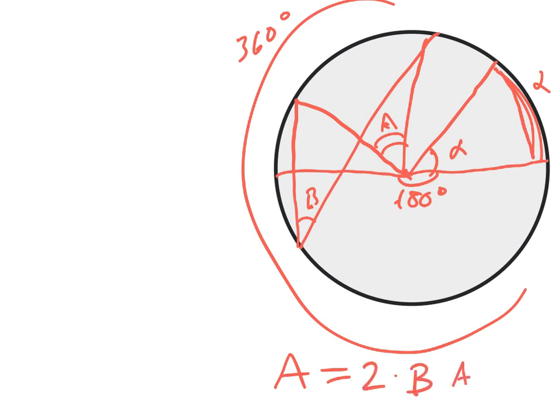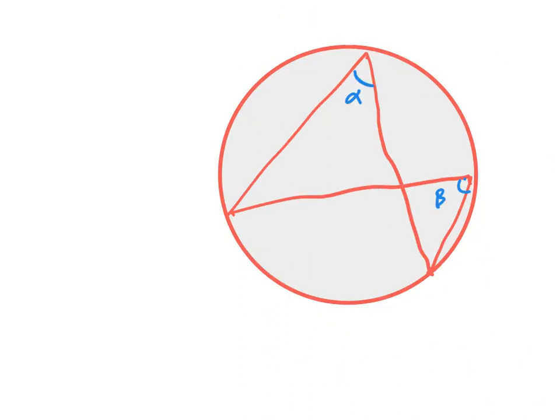We can now use what we just learned to prove that these two angles, alpha and beta, will always have the same angle as long as they share the same minor arc. This is true for any 2 points that share the same arc.